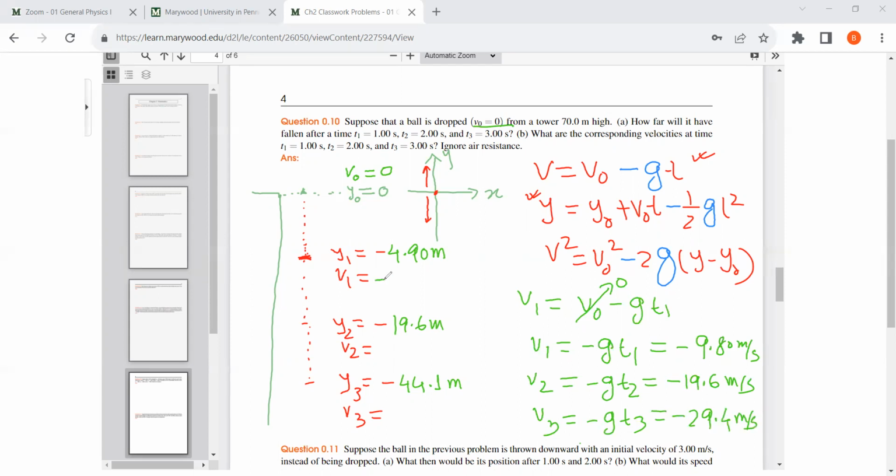So the results are minus 9.80 meter per second, minus 19.6 meter per second, and minus 29.4 meter per second. The velocities are negative because it is going in the negative direction. Down means negative. Up means positive in the y direction and down means negative. So it makes sense, and that makes complete sense.